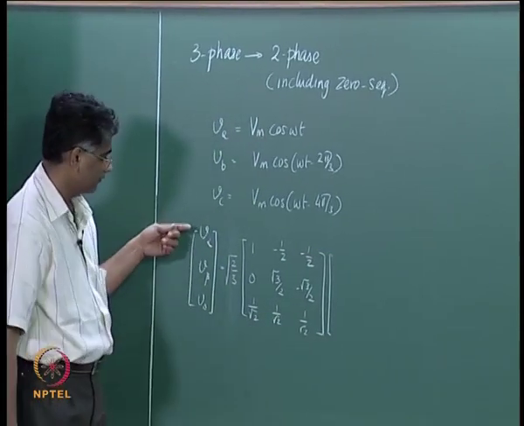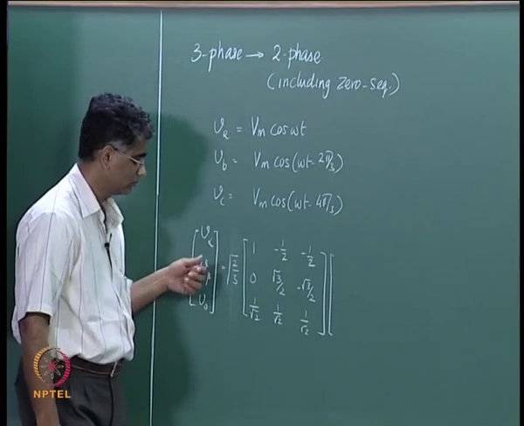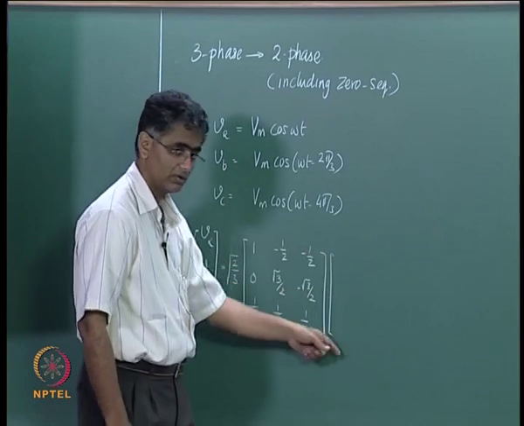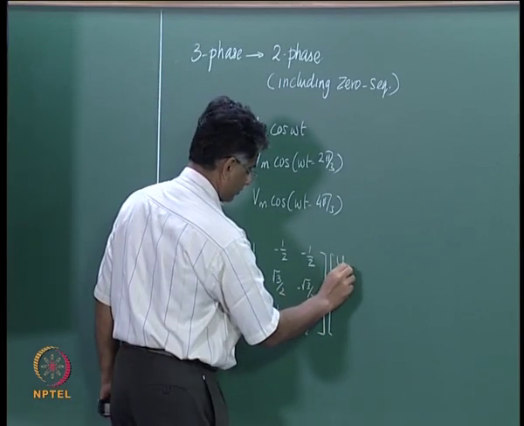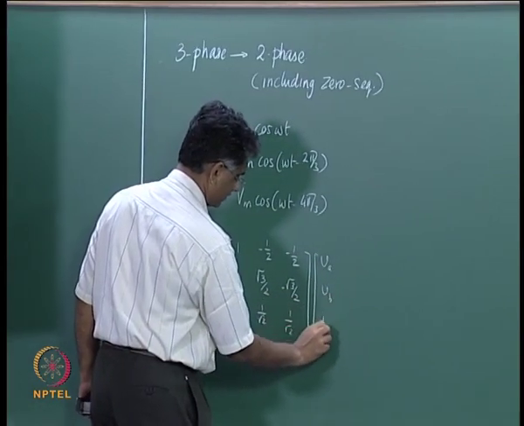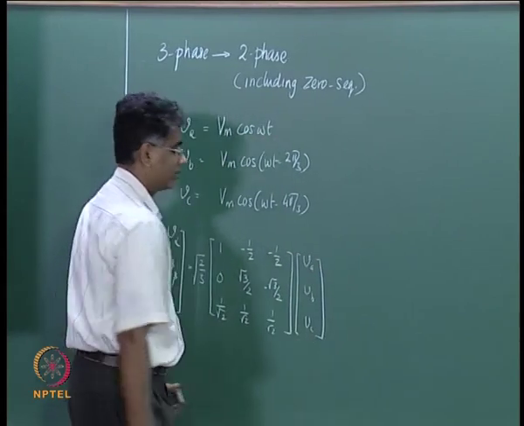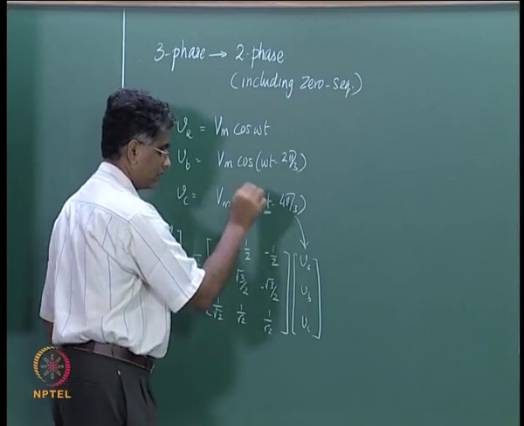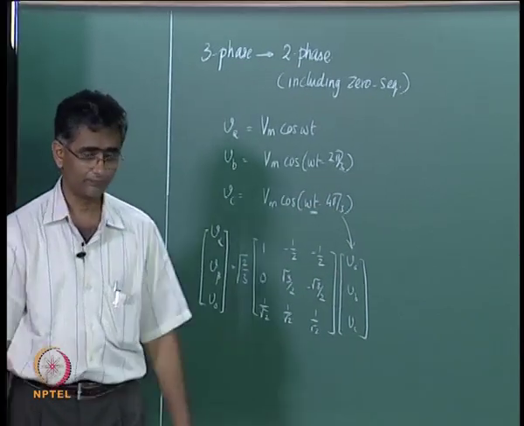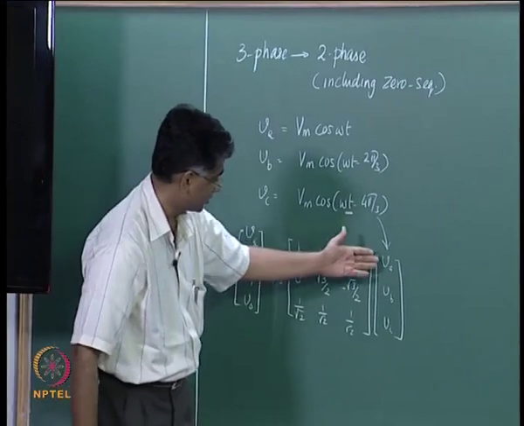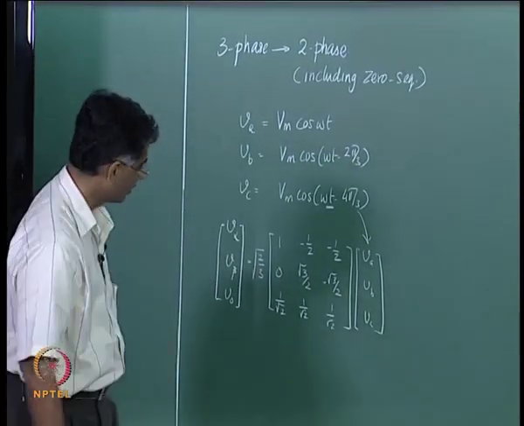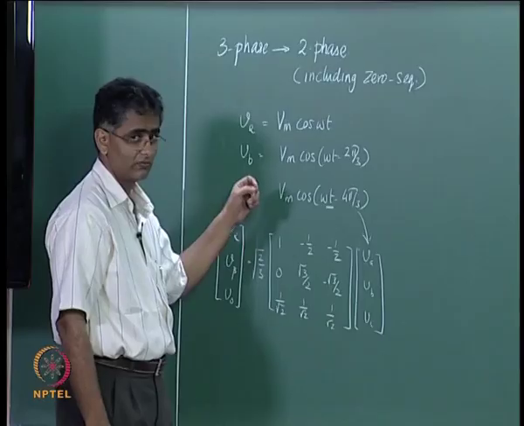So, if you want to get V alpha, V beta and V 0, you need to substitute the expressions for VA, VB and VC in this vector. Note that we are substituting the actual values as a function of the variable t, and therefore what we are substituting here is not the RMS value or a phasor, it is the actual function of t.